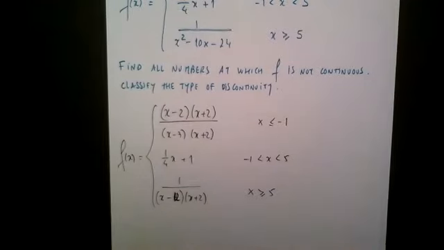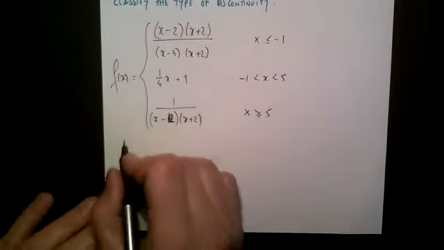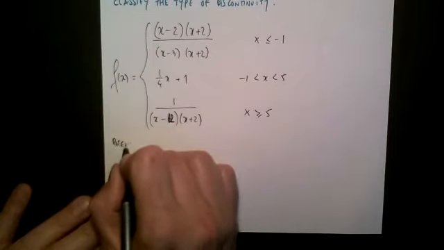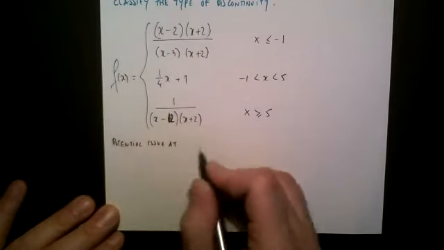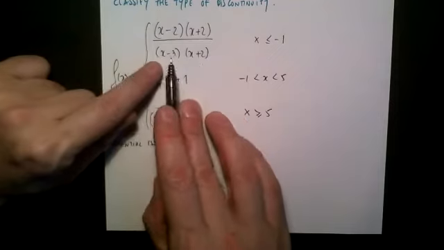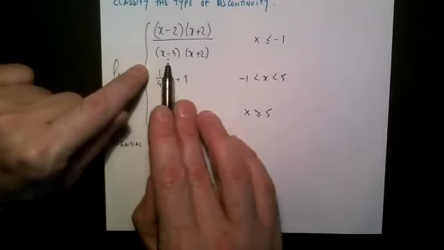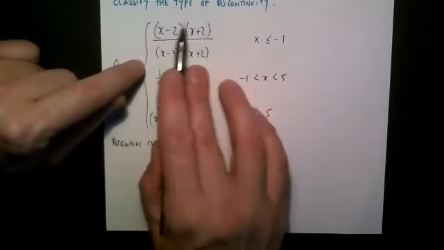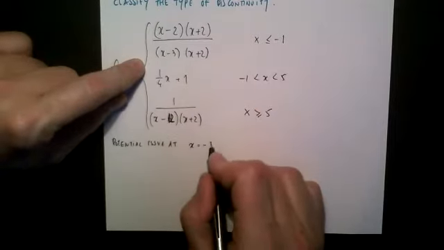Okay, so what are my candidates? Potential issue where? So x is equal to -2, x equals 3, right? But 3, I don't consider because this is only when x is less than -1. So at x equals -2, I have to investigate.